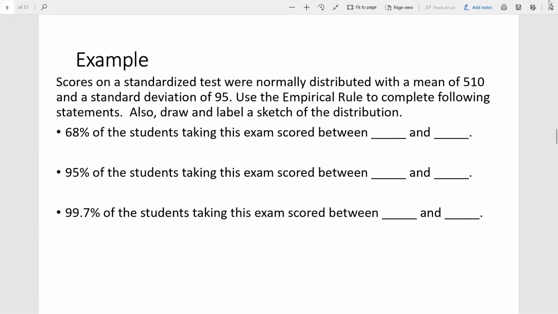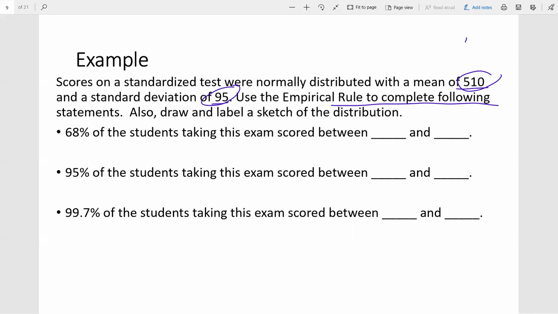Now, another example. Scores on a standardized test were normally distributed with a mean of 510, standard deviation of 94. Use the empirical rule to complete the following statements and draw and label and sketch the distribution. Well, the mean is 510 and the standard deviation is 95.